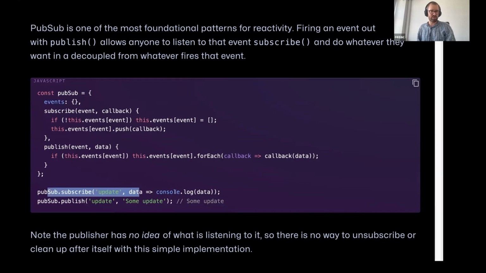You can see here in the beginning we first subscribed, so we tell we are interested in this update key, and whenever the update event is done under this key, we simply call this callback. In the publish we say update, and then the message, which is the data passed to the callback here, and it's logged.